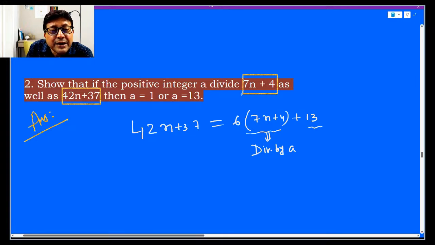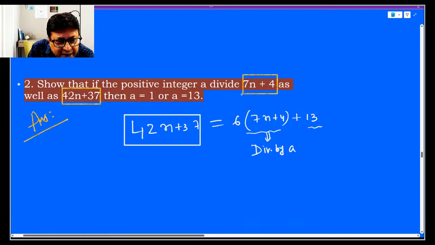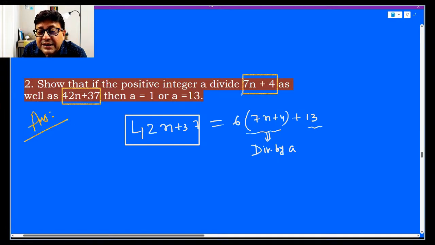Now to make this 42n plus 37 divisible by a, the second part must be divisible by a, and this is enough to get the value of a. This 13 must be divisible by a.